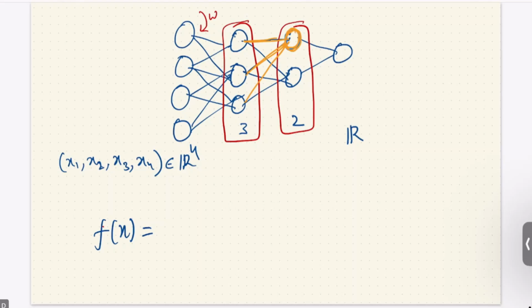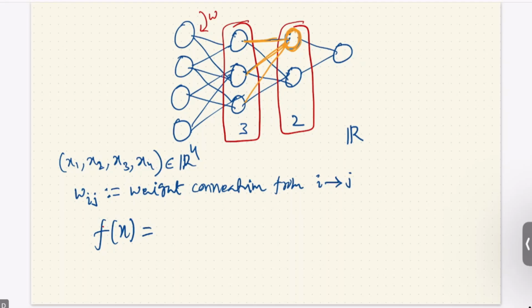You can name each one as wij, the weight connection from i to j.